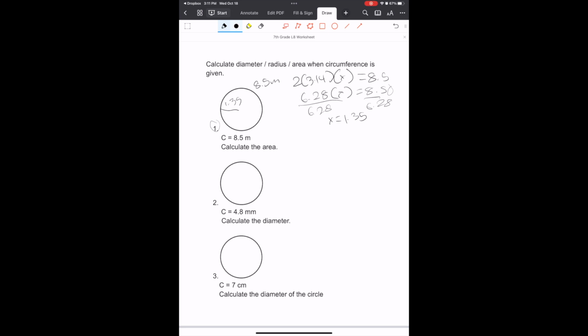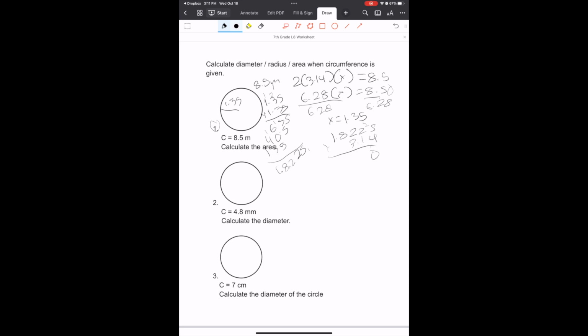So it's pi r squared. Let's do 1.35 times 1.35. Then you're going to multiply this value times pi, which is 3.14.